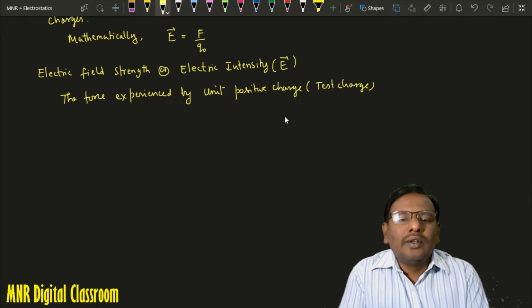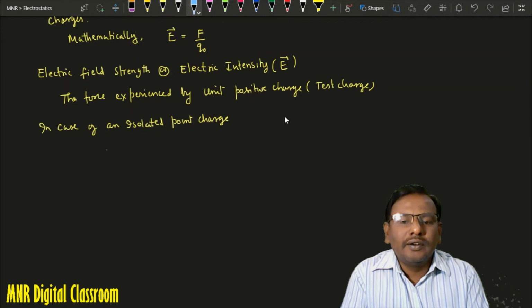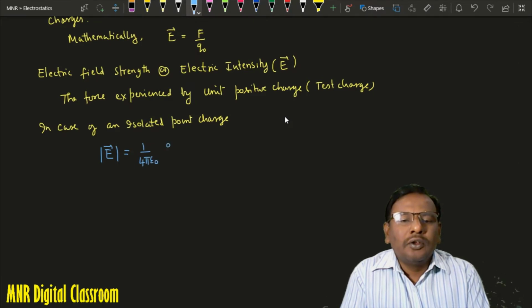So, in case of an isolated point charge, the magnitude of electric field intensity is given by 1 divided by 4 pi epsilon naught, q by r square.